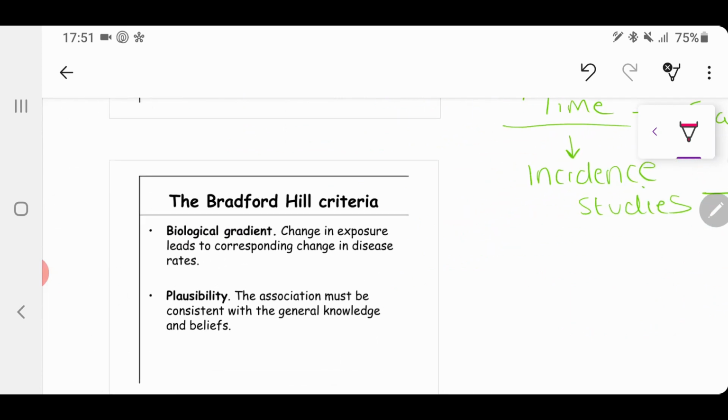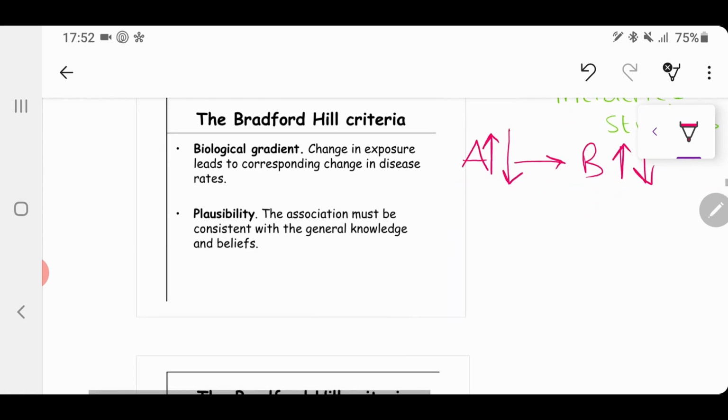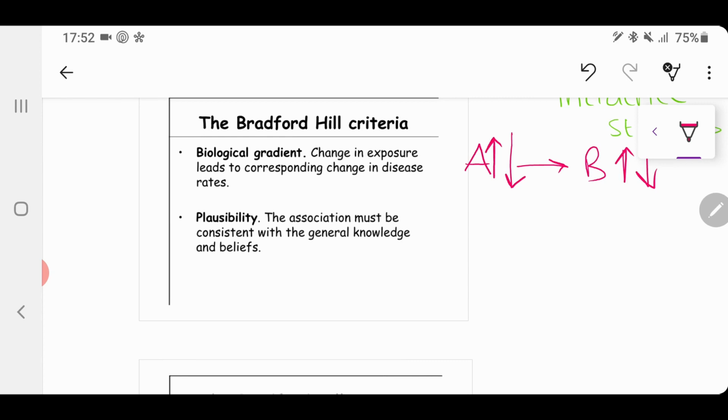All right, factor 5, the biological gradient. So this basically means the more or less you're exposed, this will cause a change in the disease. So more exposure or less exposure can cause more of B or less of B. Plausibility.